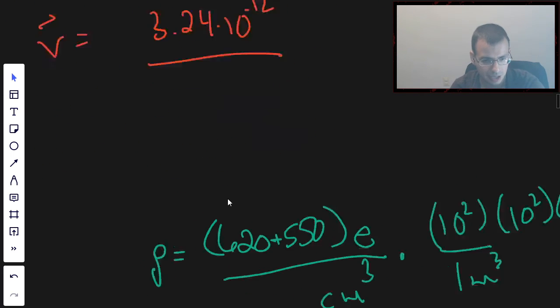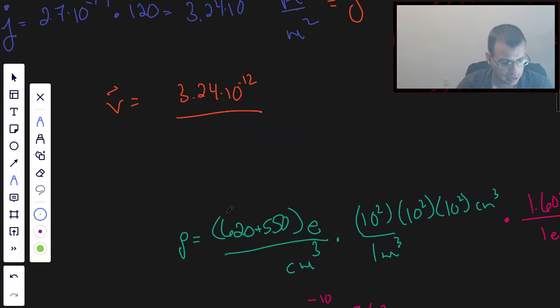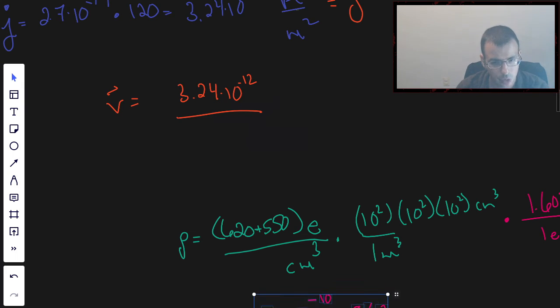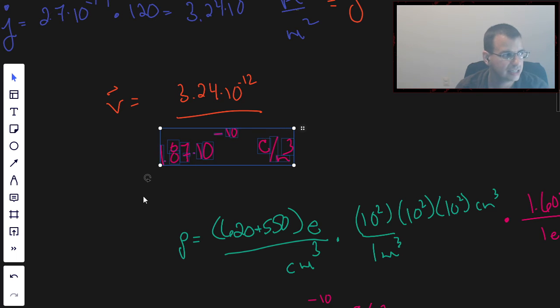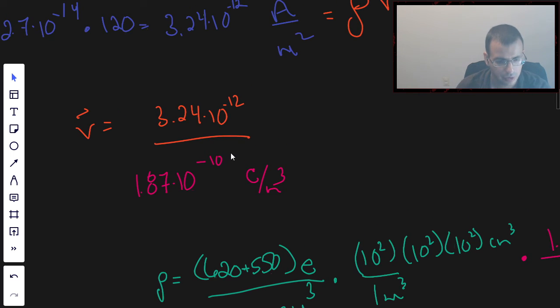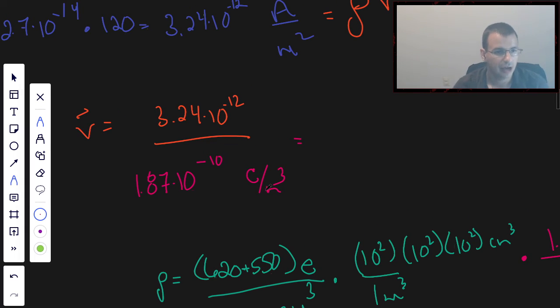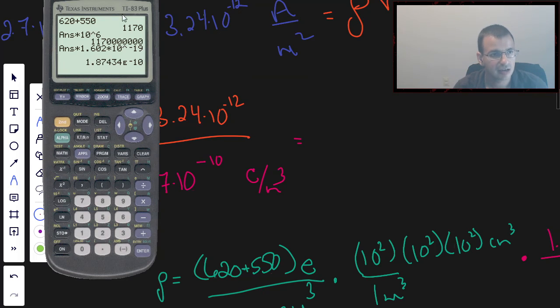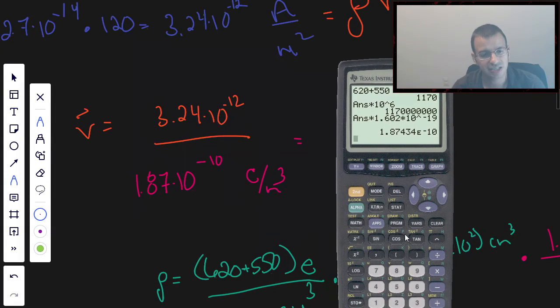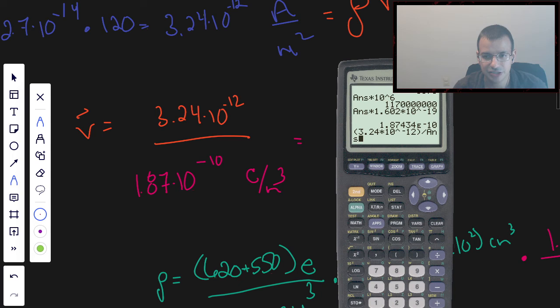Get rid of that random line. There we go. Take it easy. So now we can say this is the quantity 3.24 times 10 to the negative 12th divided by 1.87 times 10 to the negative 10th.